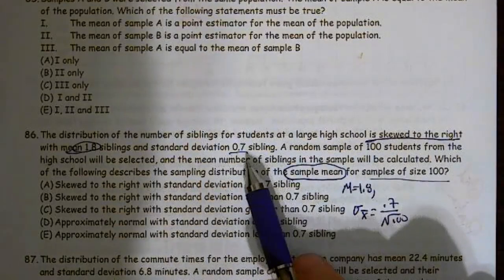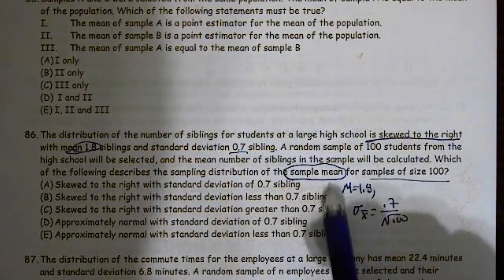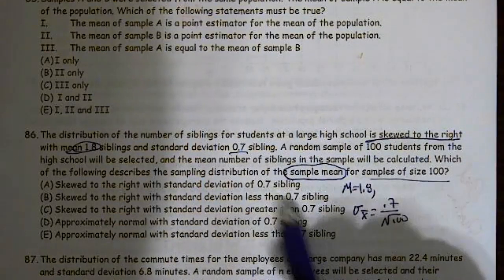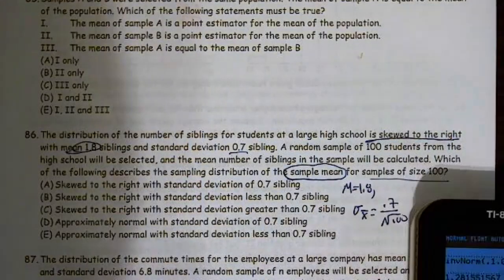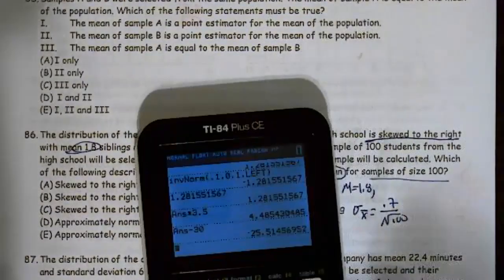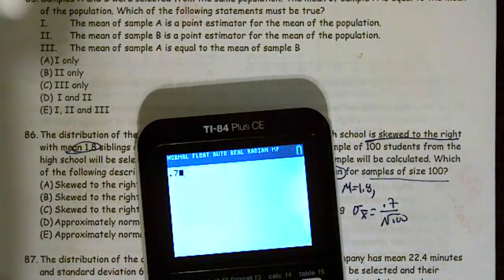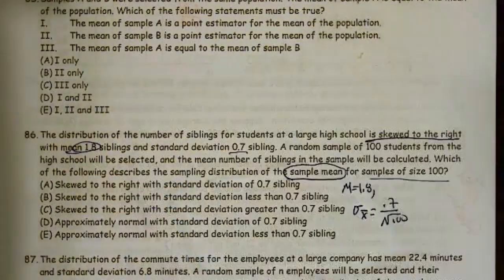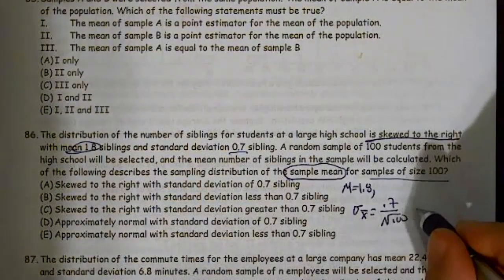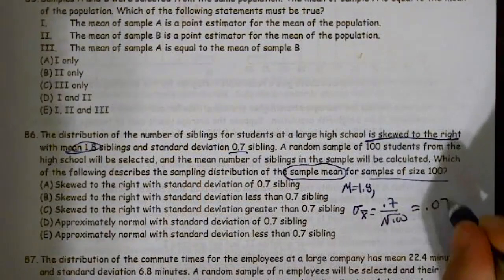It looks like there's a major typo here. I've not ever caught this. So this is a big deal. 0.7 divided by 100 raised to the half power, so I should get 0.07. Hope people are listening to this.